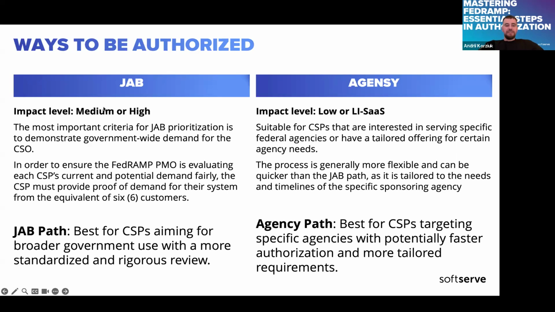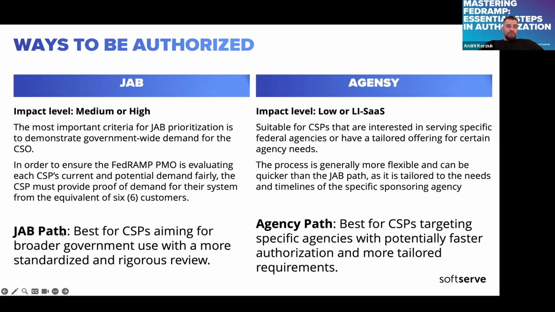If a service has impact level medium or high, that means the service will have access to sensitive and important information, disclosure of which may have really serious consequences for the agency. You can use only the JAB path. If the impact level is low, or a low impact software as a service, you can use an agency.